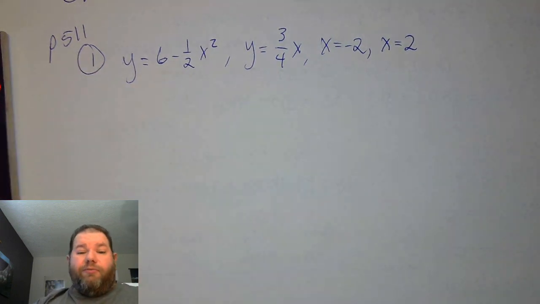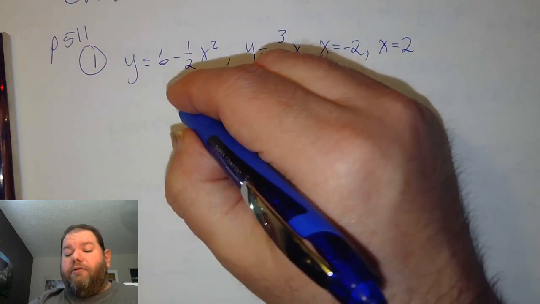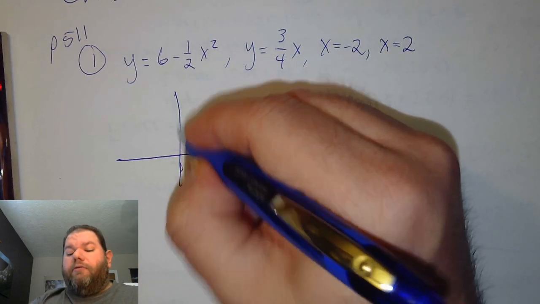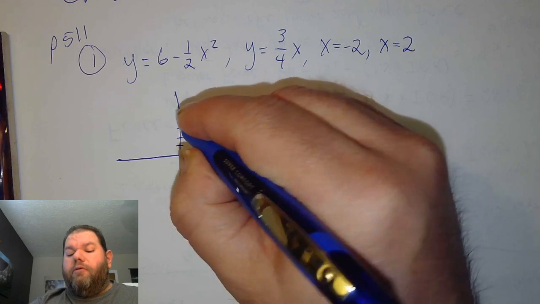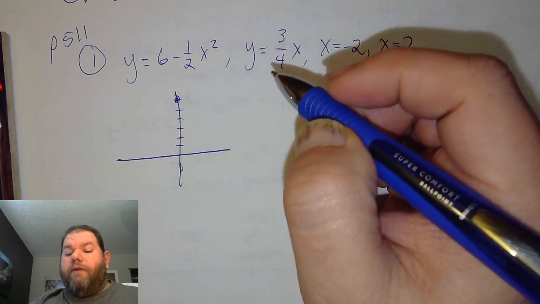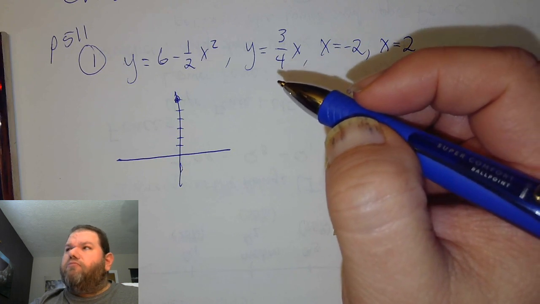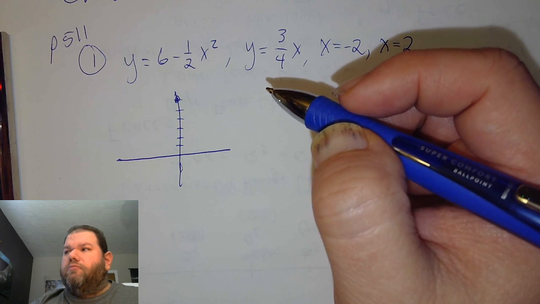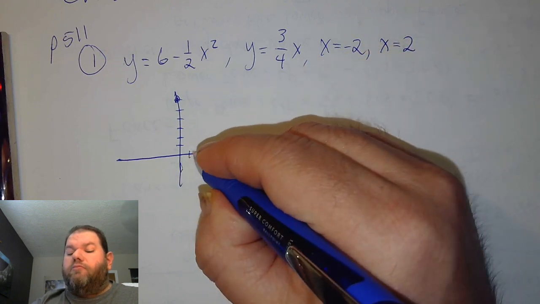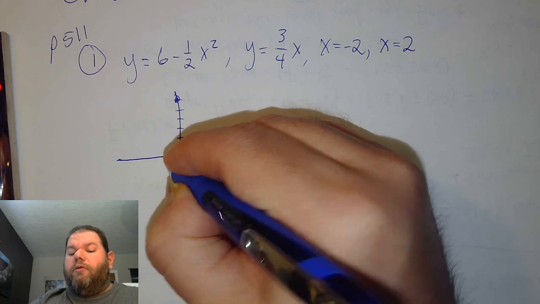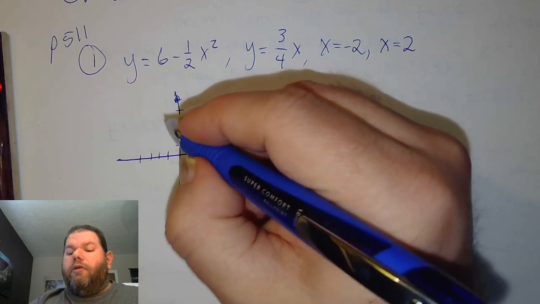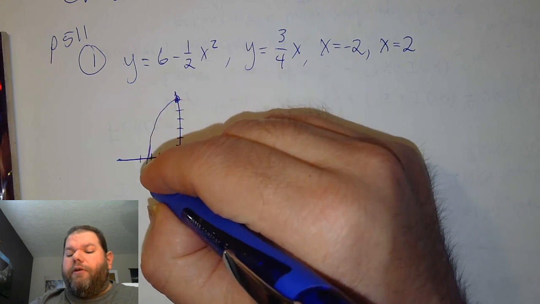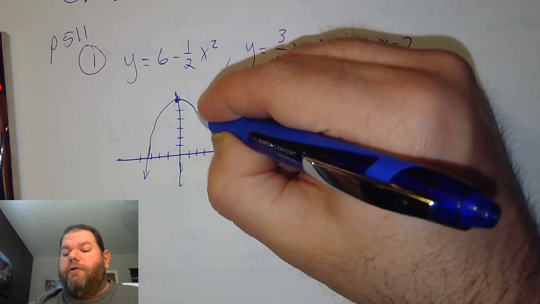So step 1 is always to graph what we're looking at. So 6 minus 1/2 x squared, somewhere between 3 and 4 is where that crosses the axis down here.